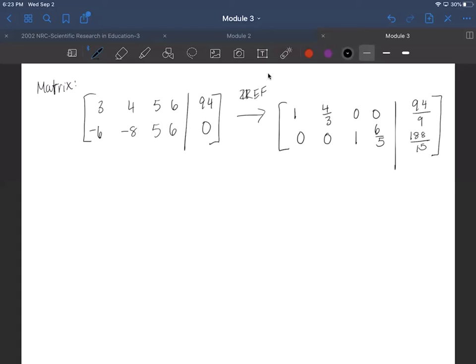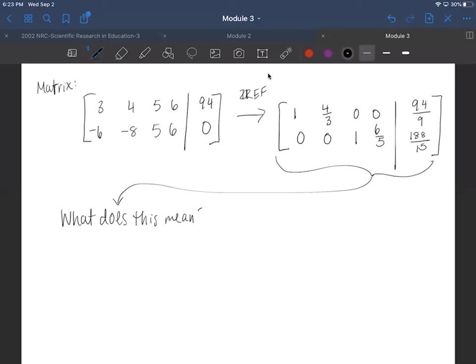When you do your row echelon, this is what we're going to get. Now, what does this mean? So think about that. Well, according to your textbook, this means that we have infinitely many solutions.